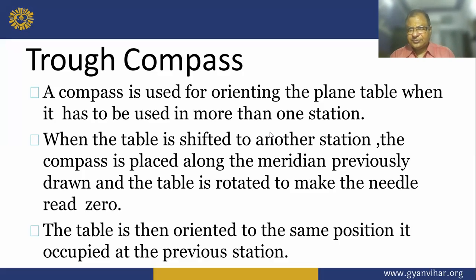Now, trough compass. A compass is used for orienting the plane table when it has to be used at more than one station. When the table is shifted to another station, the compass is placed along the meridian line drawn previously and the table is turned to make the needle read zero.